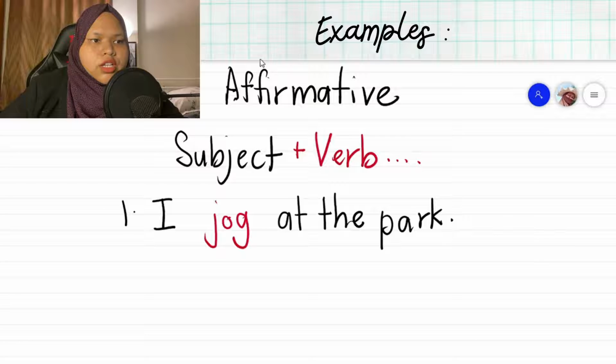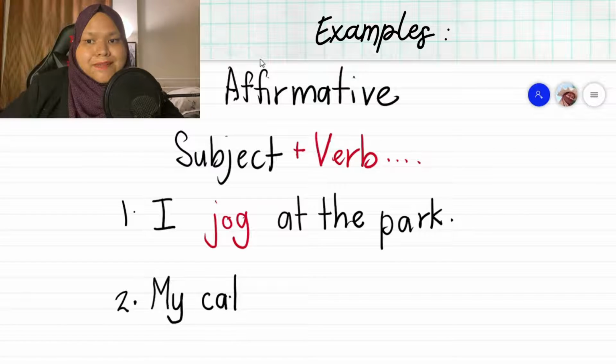Okay, contoh yang kedua, second example. My cat. Okay, this time I want to use a singular. My cat lemah, seekor saja, tak ada S kat belakang cat ni. That means the cat is only one, ada satu saja cat. So my cat drinks, minum.